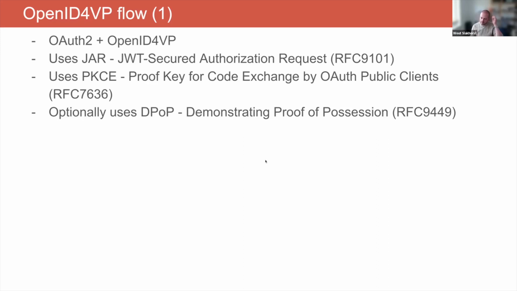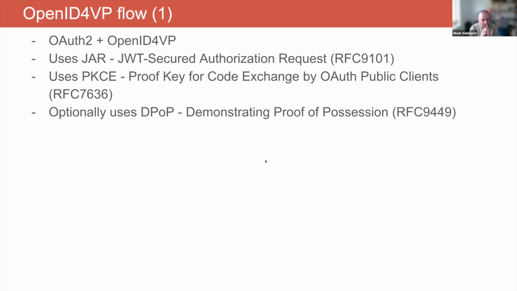And there can be multiple inner flows because you request access, and as a response to that, the verifier, or actually the authorization server that will act as a verifier, will do OpenID for VP requests back to your wallet, to your holder. And it will do one for the organization, and when that's done, it can do another one for the user. So it can do multiple authorization requests.